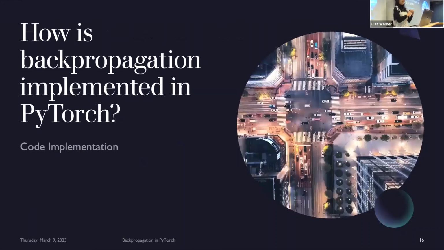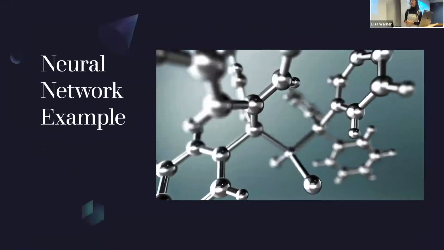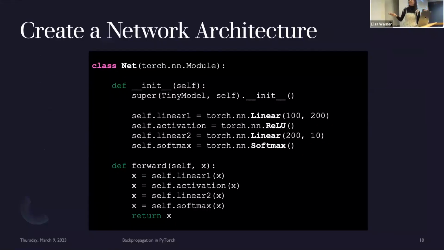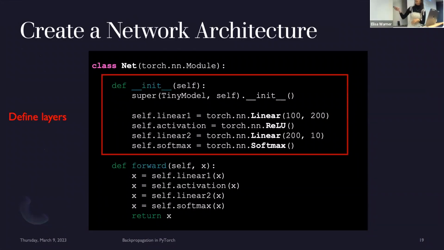Okay, so how do we implement this in PyTorch using some code? Let's first take a look at neural networks, because everyone likes that. The first thing we need to do is create a network architecture. We always create this network object using a class, and we define all of our layers in the initializer.